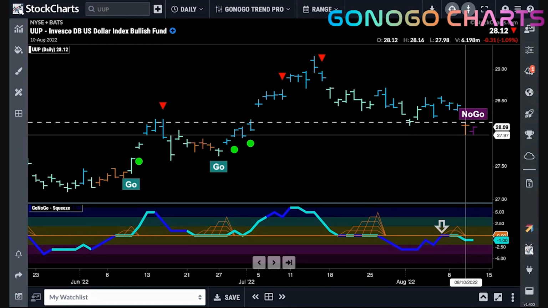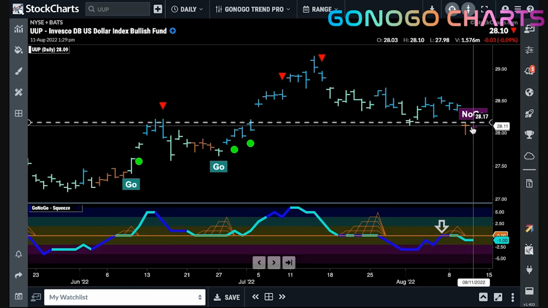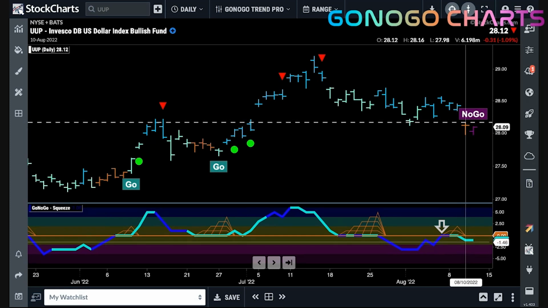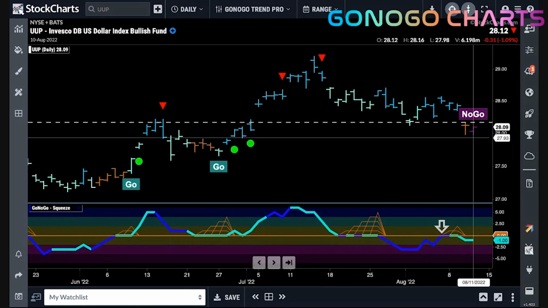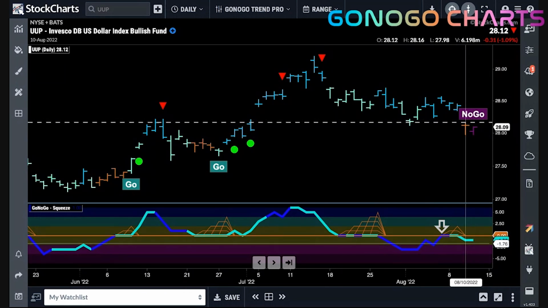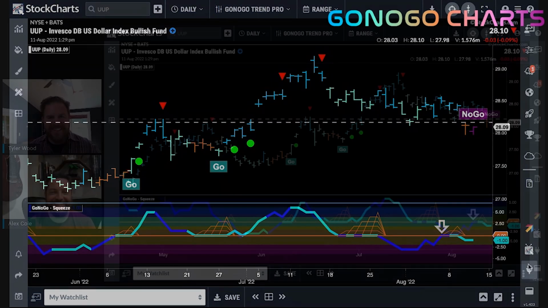So we've got uncertainty on that bar yesterday, and we see a no-go bar today as the dollar is lower again, with the oscillator now below zero. So we can say that the trend conditions have changed enough to paint a no-go bar, and the momentum is in negative territory, confirming in a way what we're seeing in price.